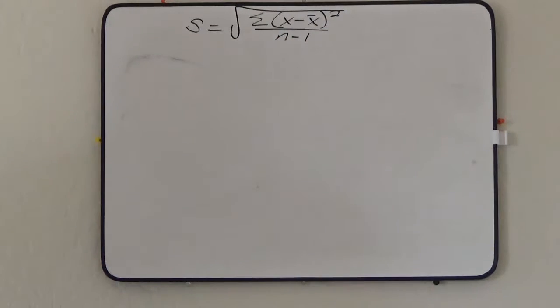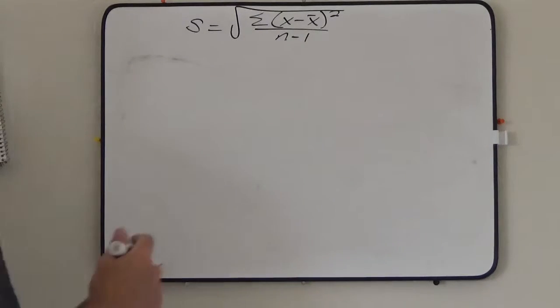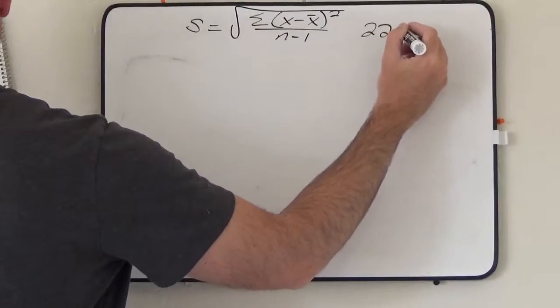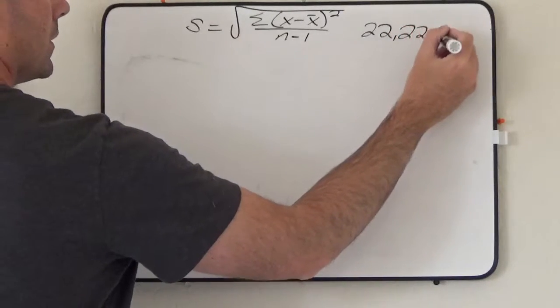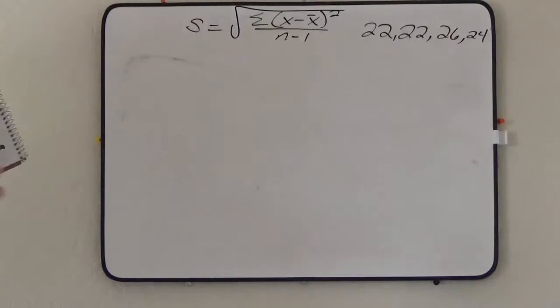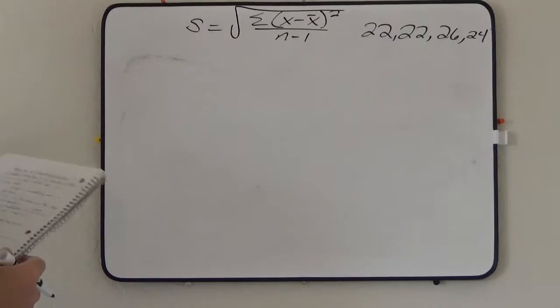Now, here's where we're going to start. First thing I want to do is I need the numbers, right? So the numbers we're using were 22, 22, 26, and 24. Okay? Just a few numbers to make this an easy calculation for ourselves.